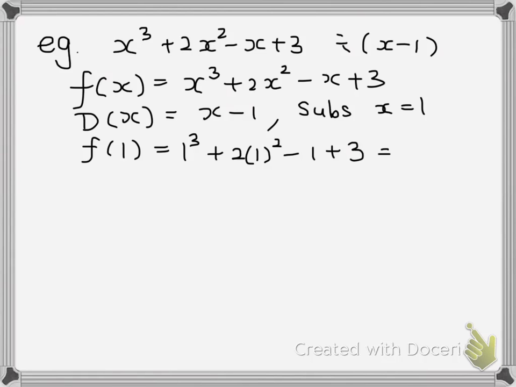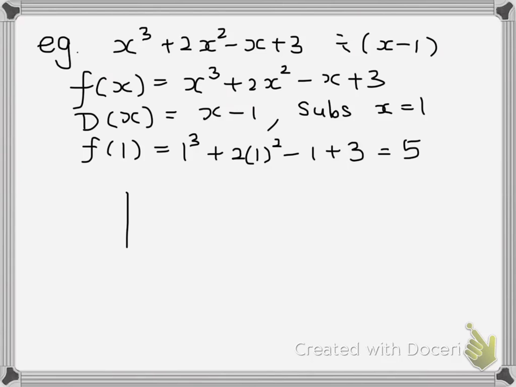What do you get? 5, right? So if f(x), x cubed plus 2x squared minus x plus 3, is divided by x minus 1, you get a remainder of 5. Okay? So this is the remainder theorem.